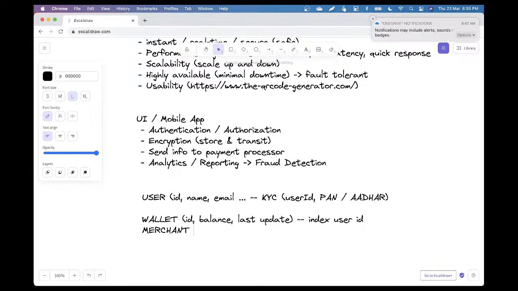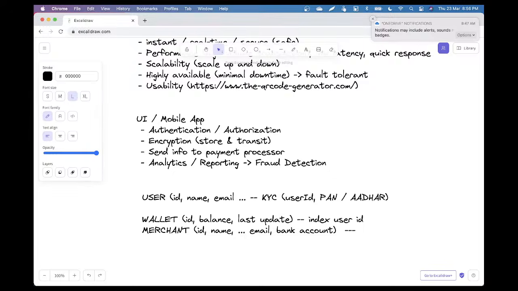But yes, there is one more important thing, which is what kind of database to use, right? Merchant also will have a lot of information like email, bank account, and maybe one merchant will have one bank account, right?